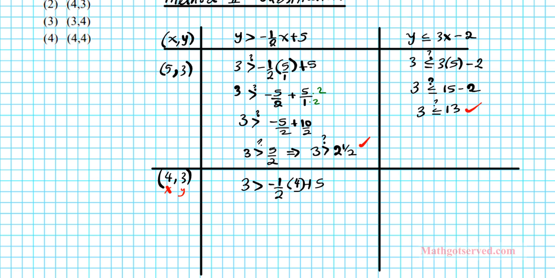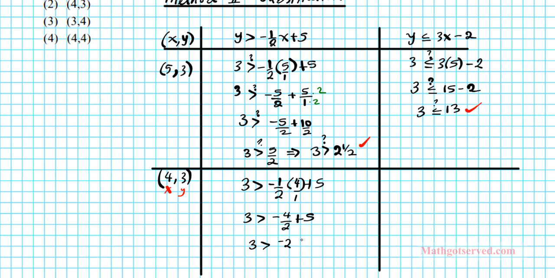So put this over 1. We're going to carry out the same arithmetic operations that we did in the upper column. So is 3 greater than negative, multiply across, 4 over 2 plus 5? Negative 4 over 2 is negative 2.